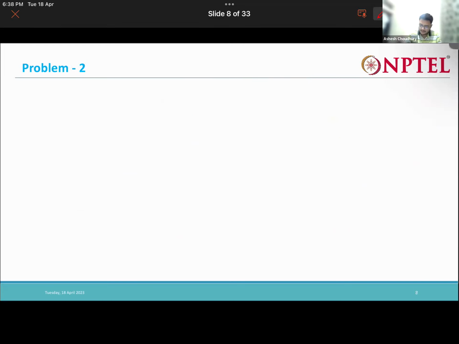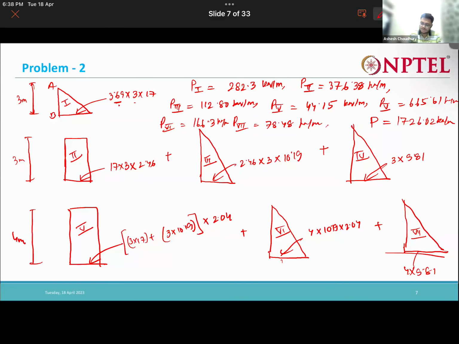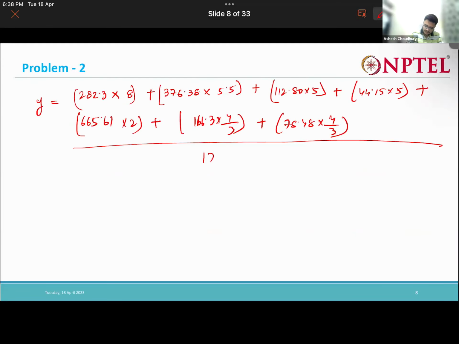Total divided by 1726.02. Okay, so this should come close to 4, I think.